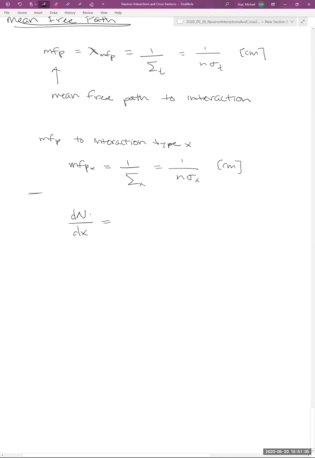So the total number of particles is going to be related to 1 over the mean free path times the number of particles. And I'm just going to go ahead and actually skip to the solution here. And what this says is the fraction of particles that survive into a material of thickness X decreases exponentially.